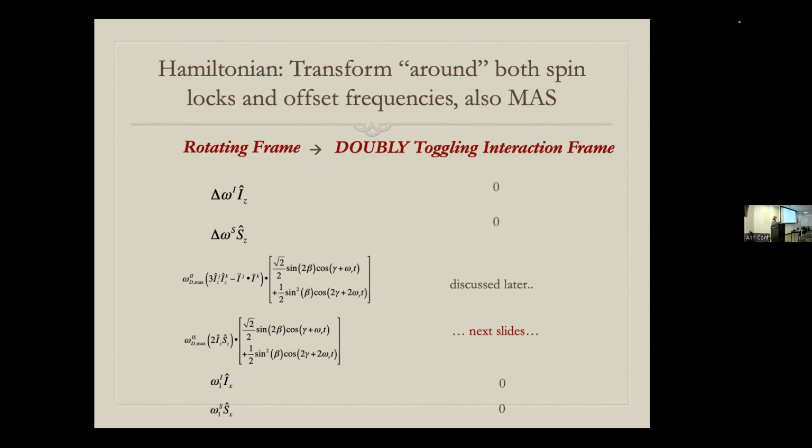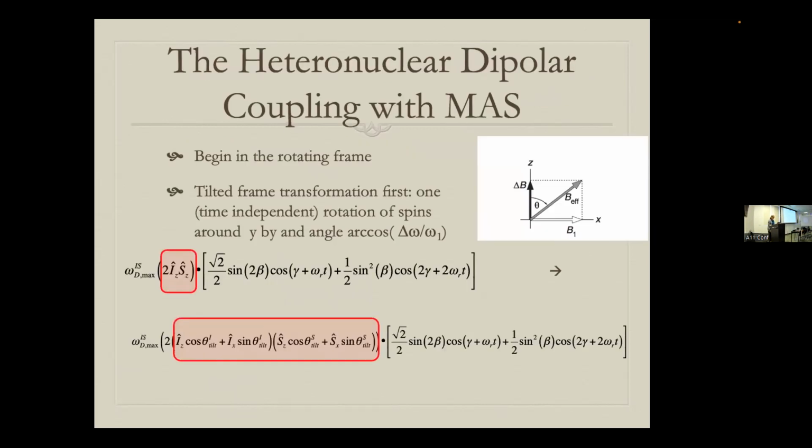But we're going to have this time dependence also tagged onto the end of it. All right, so what we're doing here, that's different from what we did yesterday, is that we begin in the rotating frame and we do this tilted frame transformation. It's a one time independent rotation of spins around y and by an angle given by this expression, arc cos of that.